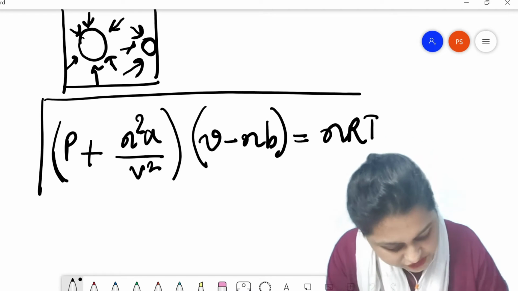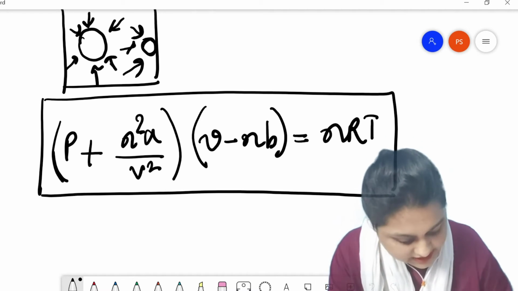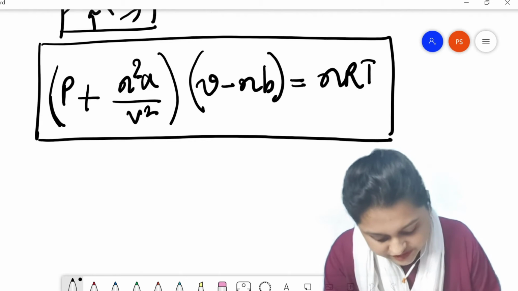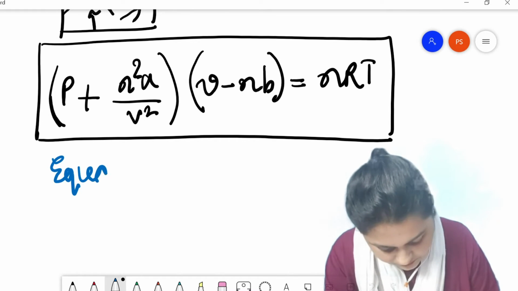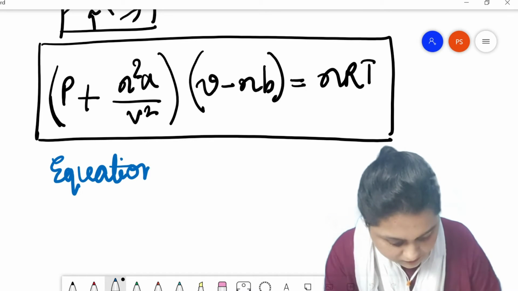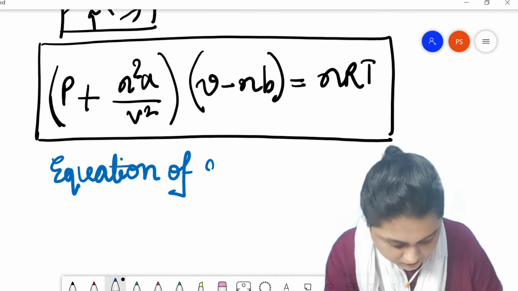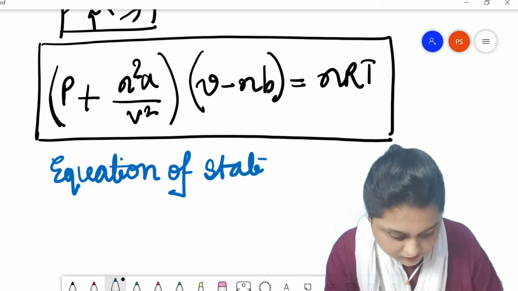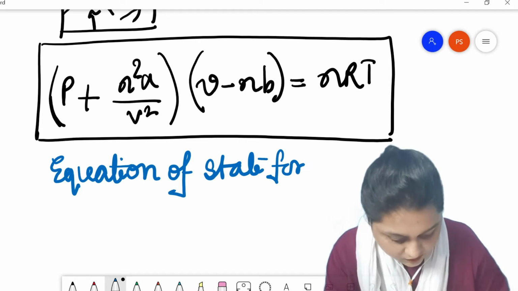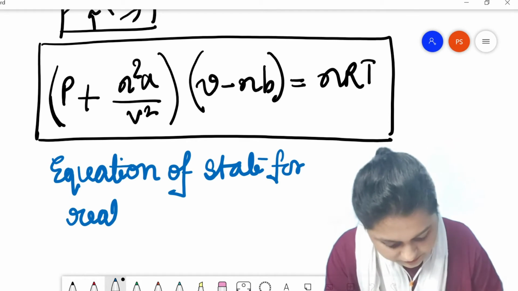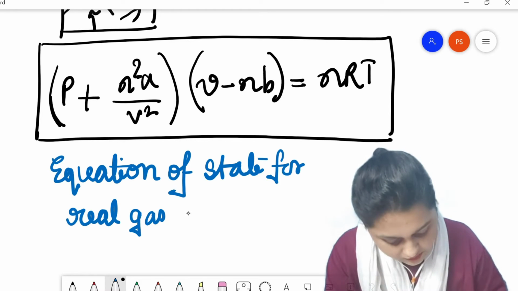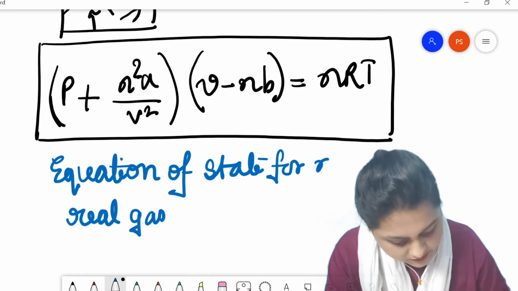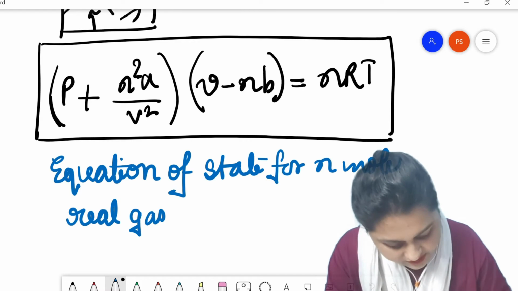This expression is known as the equation of state for real gas, for n moles of real gas.